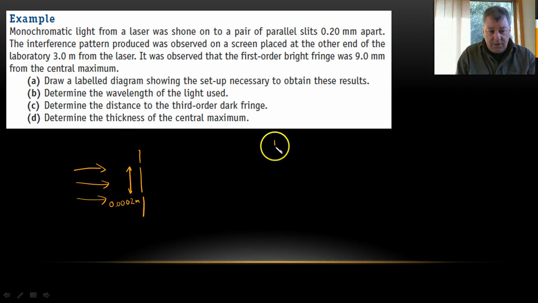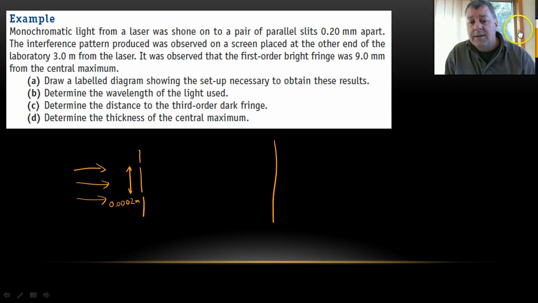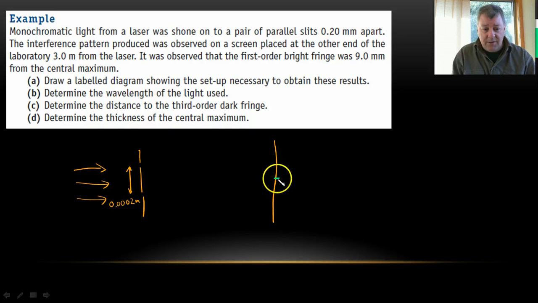Then we have our screen. We would have a center maximum there, and then in this case we've got a first order bright spot.